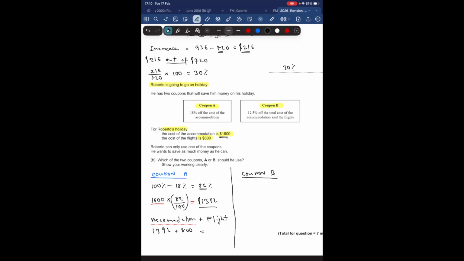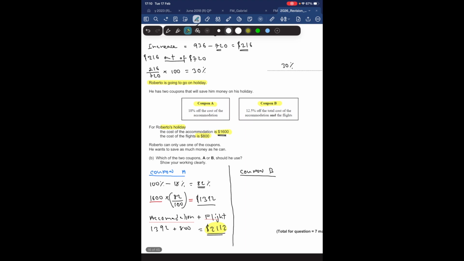So if we add those together, the cost of coupon A will be $2,112. That's going to be the total cost of the holiday using coupon A.